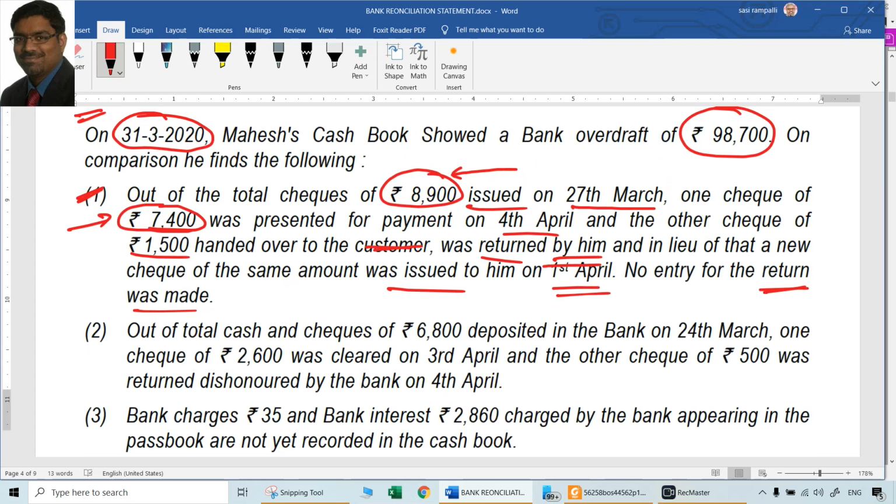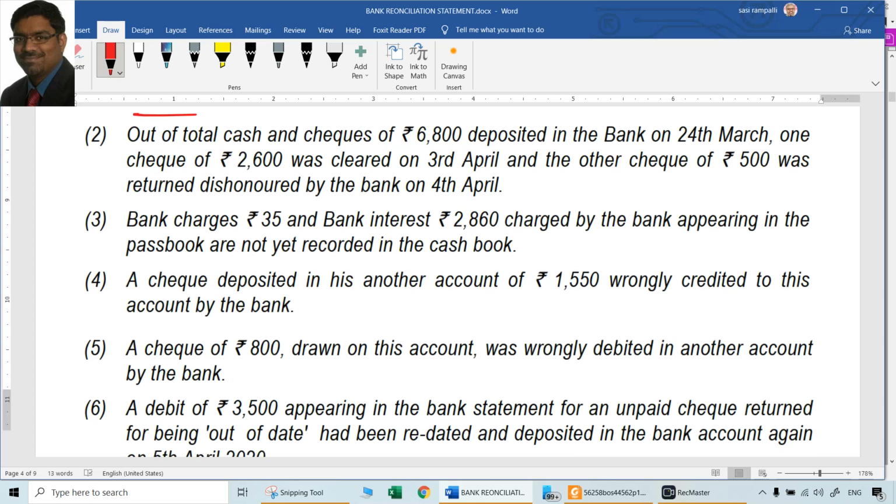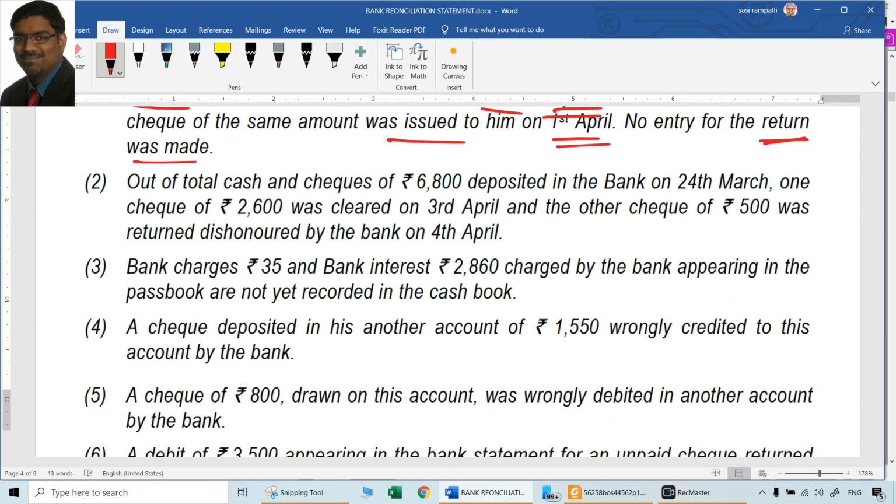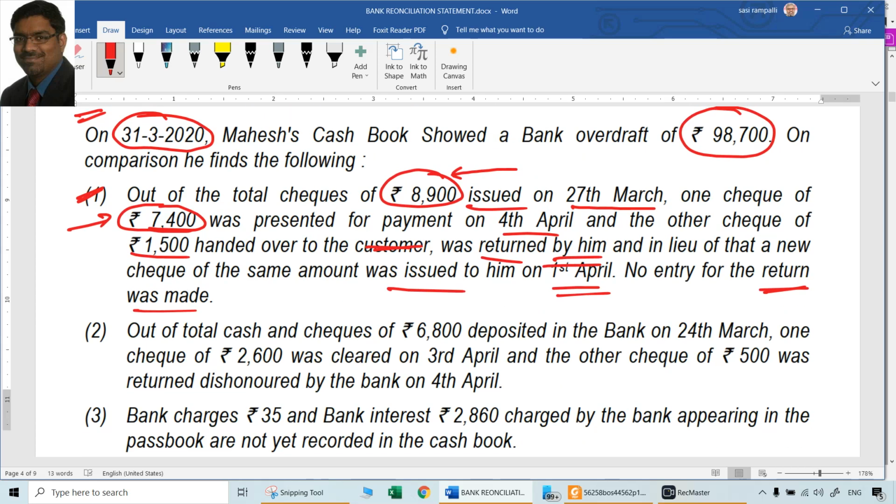7,400, what happened? We issued this check, but this was presented for payment later. So we issued means definitely we would have credited our cash book, which is correct, nothing wrong with that. But the point is, since it was not yet presented before 31st March, the bank would not even know that there is a check like that. That means the bank would not have entered anything in the bank statement or passbook. So there is a difference of 7,400.